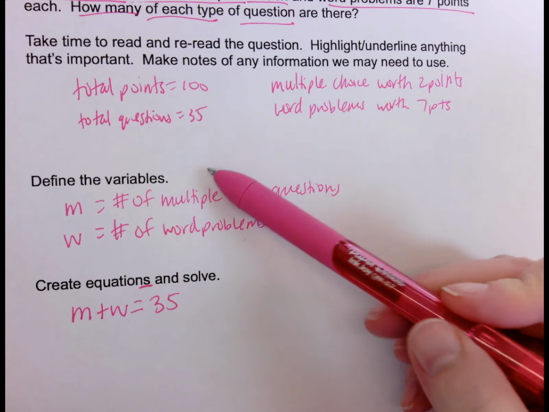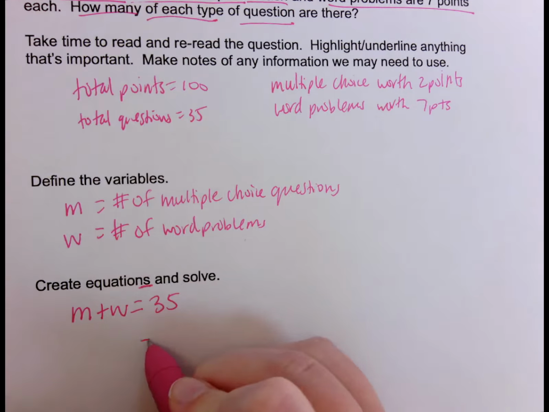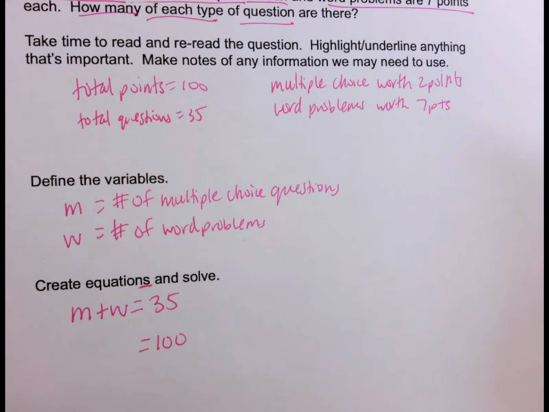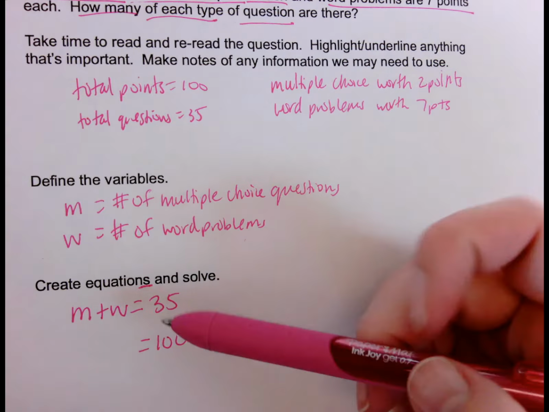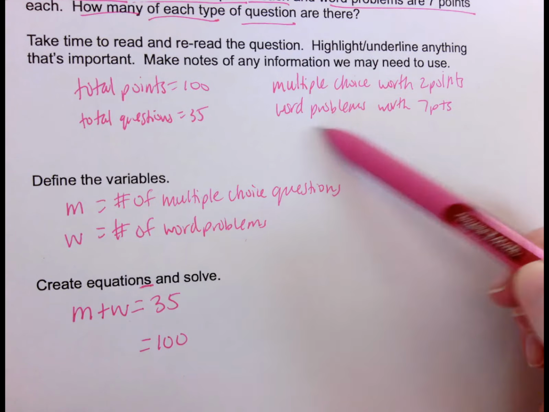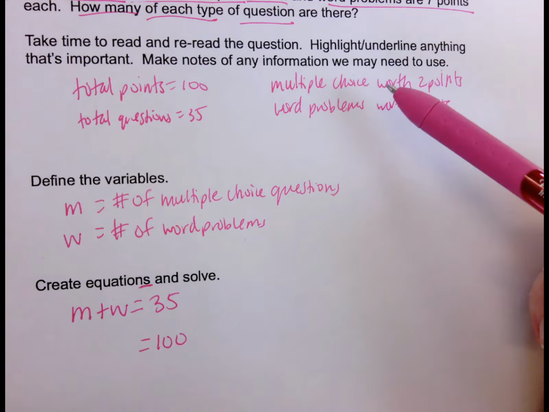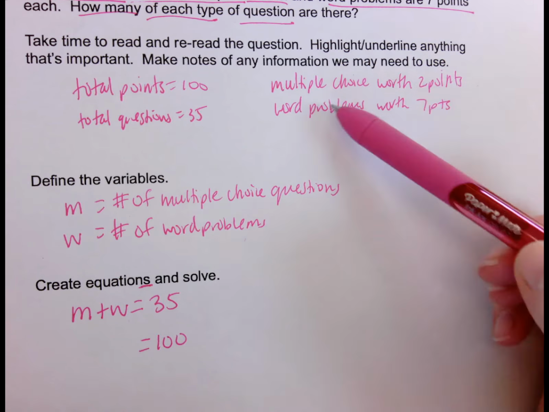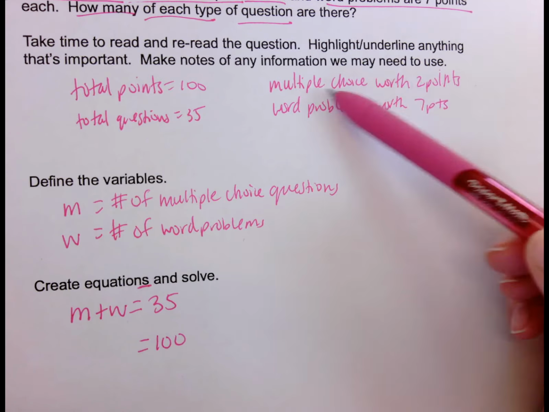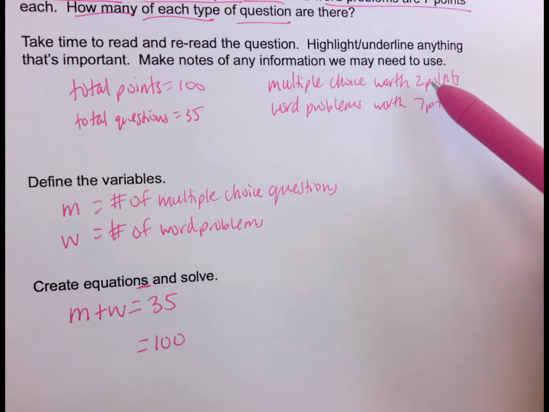Now the second one could be a little bit trickier because you have the total number of points. So we know that it's going to equal 100, but we have to represent the points for a multiple choice question and the points for a word problem. And that depends on how many of them we have, and we don't know how many we have. We know that the multiple choice are 2 points each, but we don't know how many multiple choice questions there are.